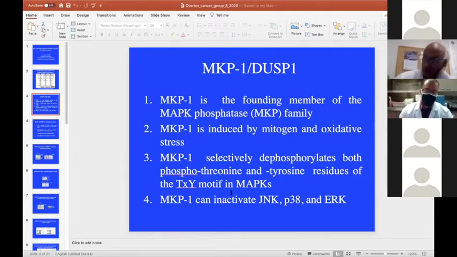In terms of substrates, the dogma is that all three, ERK, JNK and P38, are substrates of MKP1. But JNK and P38 are better substrates than ERK, so if all three MAP kinases are available, MKP1 first dephosphorylates P38 and JNK over ERK.